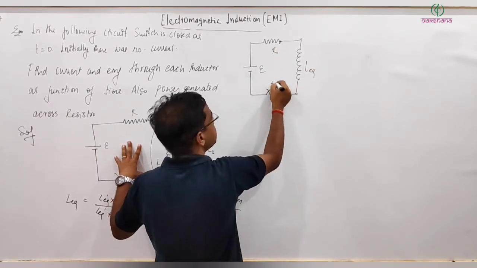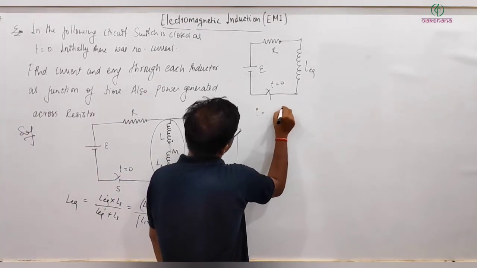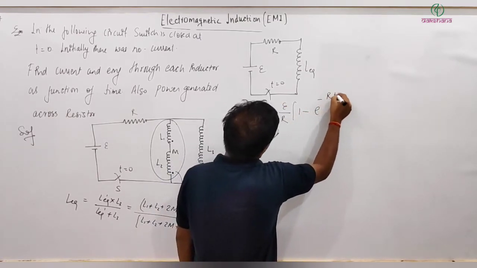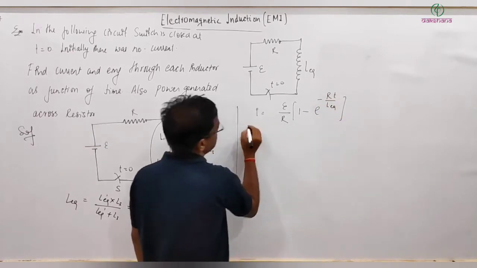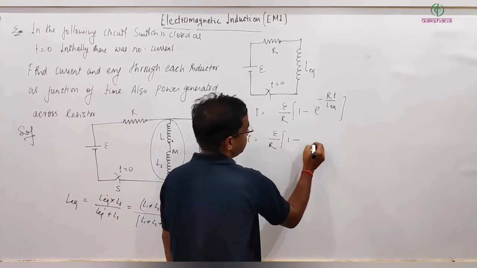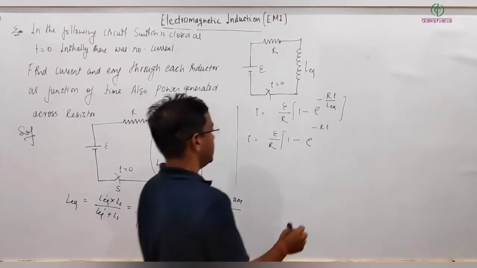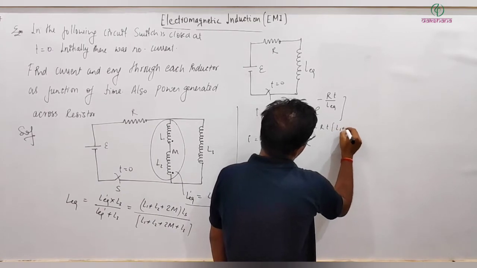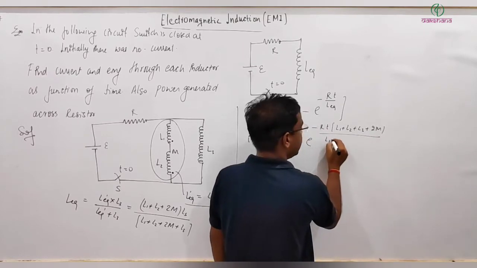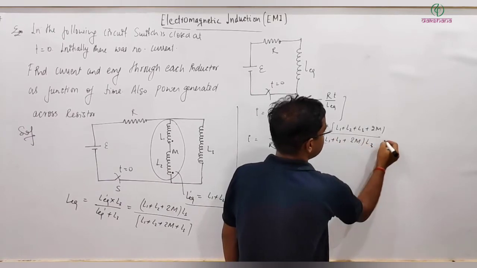For this circuit, closed at t is equal to 0, the current as a function of time is given by E by R into (1 minus e raised to power minus RT divided by L equivalent), where L equivalent is (L1 plus L2 plus 2M) multiplied by L3 divided by (L1 plus L2 plus L3 plus 2M).